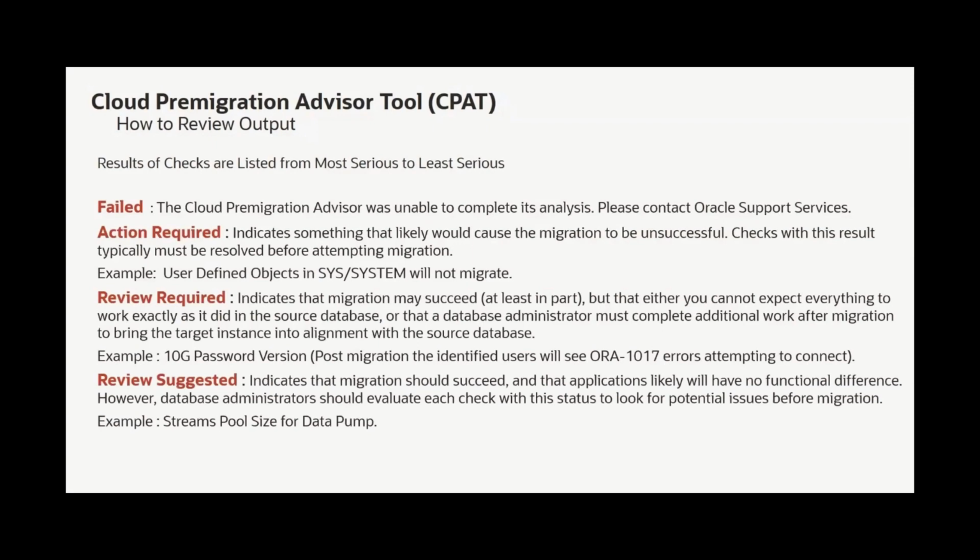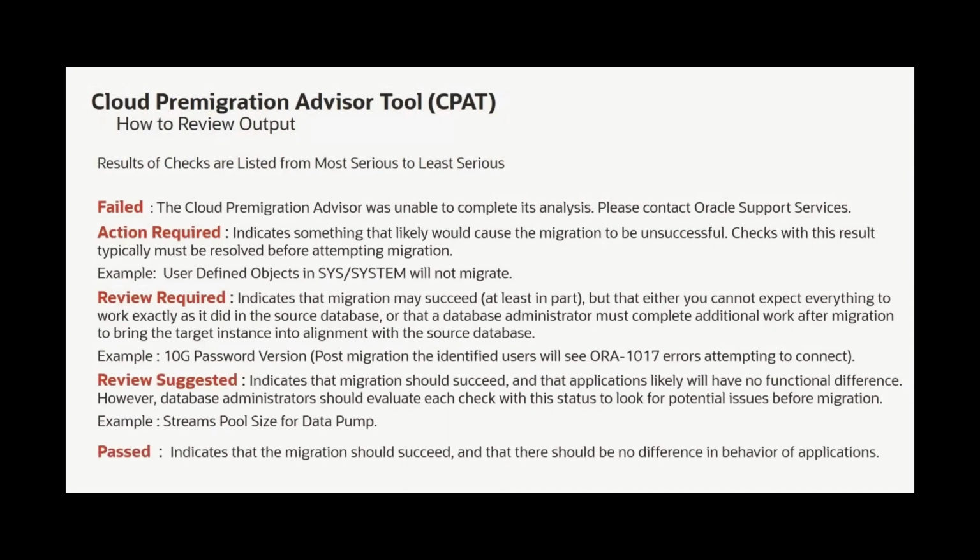We also have review suggested, which means migration should succeed. However, DBAs should review each check under this category. Basically, it is recommended to review all the categories that we have discussed so far, and they are in their order of impact. We will also see checks under passed, which is good to ignore.